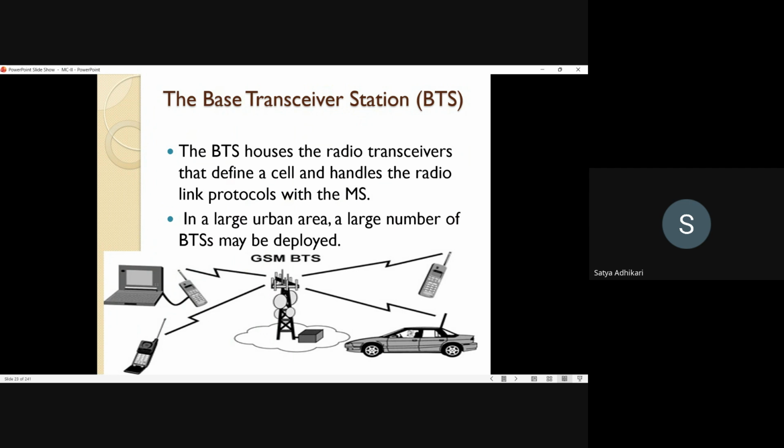So this MS may be your cell phone, maybe other devices, it may be a laptop. So in a large urban area, a large number of BTS may be deployed.